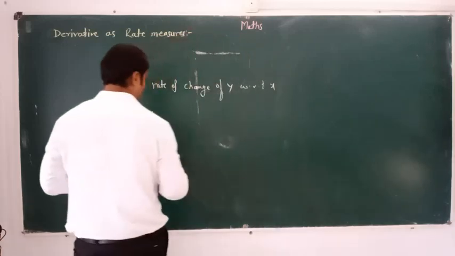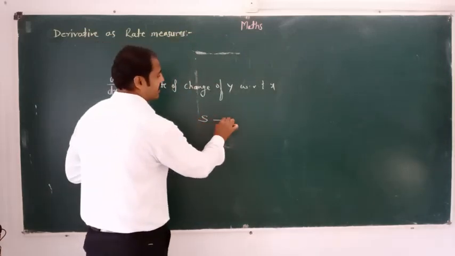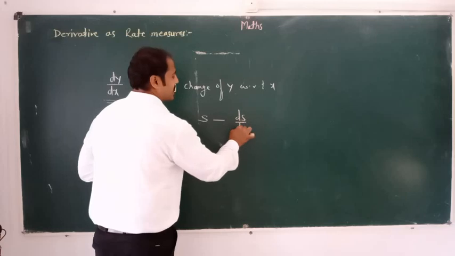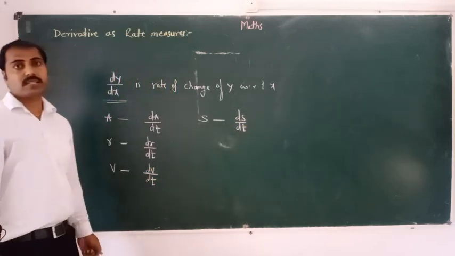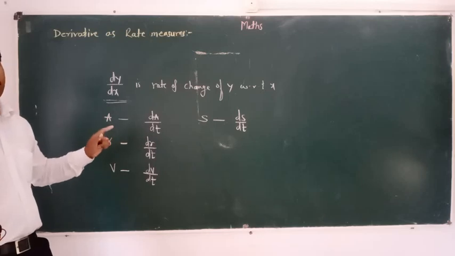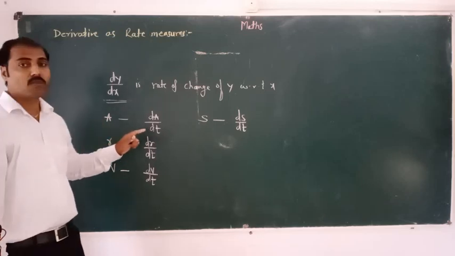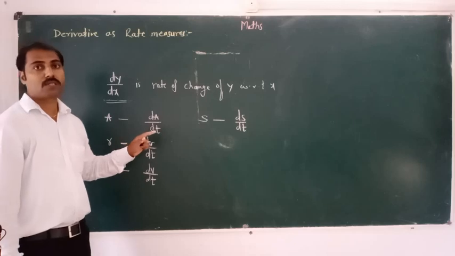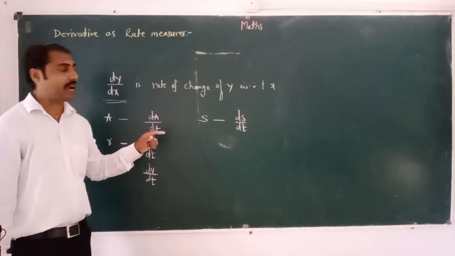If S is the surface area, then what is dS by dt? dS by dt is the rate of change of surface area with respect to time, or the rate at which the surface area is increasing.